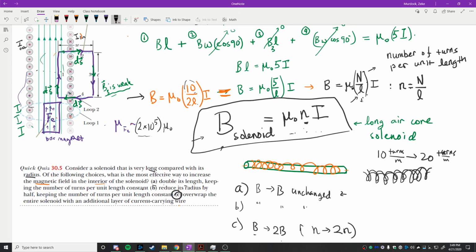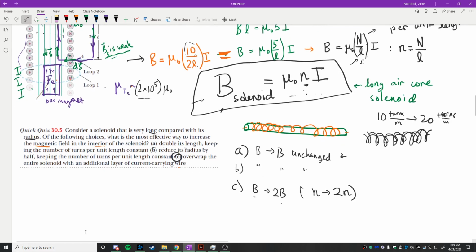Well, the reality is that if it's fat, like this, where this is the length but that's the radius, then this equation's not very good anymore, because this is going to start acting like a regular wire, with loopy magnetic field lines.